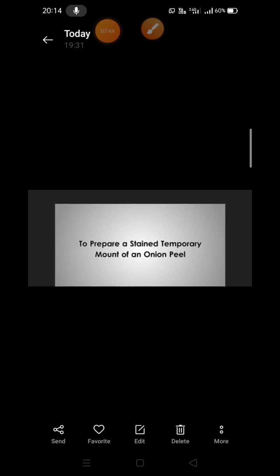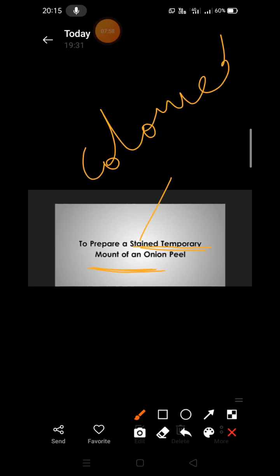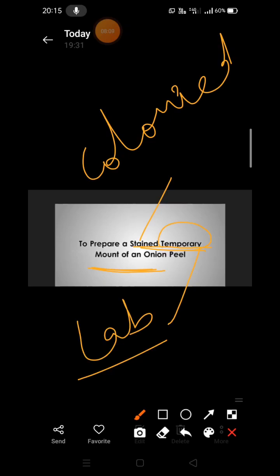This is the first experiment and A part. So, A part is to prepare a temporary stained mount. Now, we will understand the meaning of these three terms. Stained means colored or coloring. Temporary, because the slide we will prepare in our lab is not a permanent slide, so we will say it is temporary.